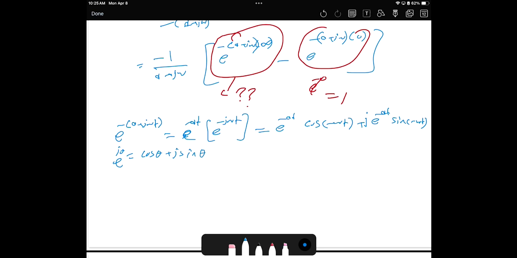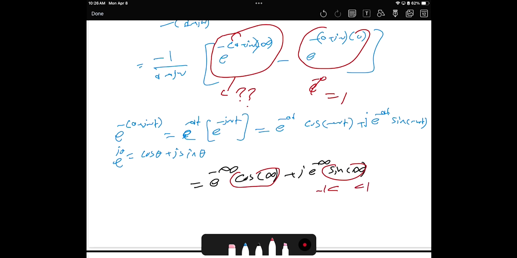Now let's substitute infinity, which gives e to the power negative infinity cosine of infinity, plus j e to the power negative infinity sine of infinity. Cosine or sine of infinity is bounded between negative 1 and 1.